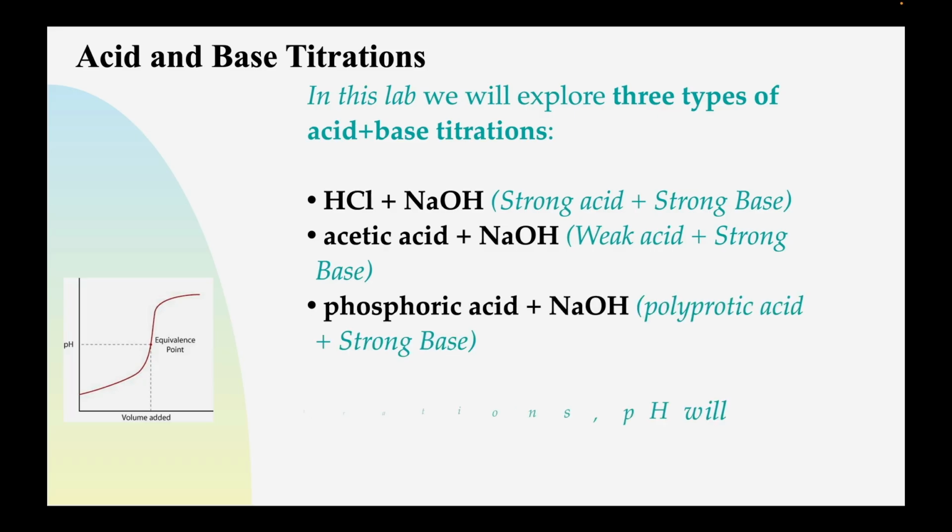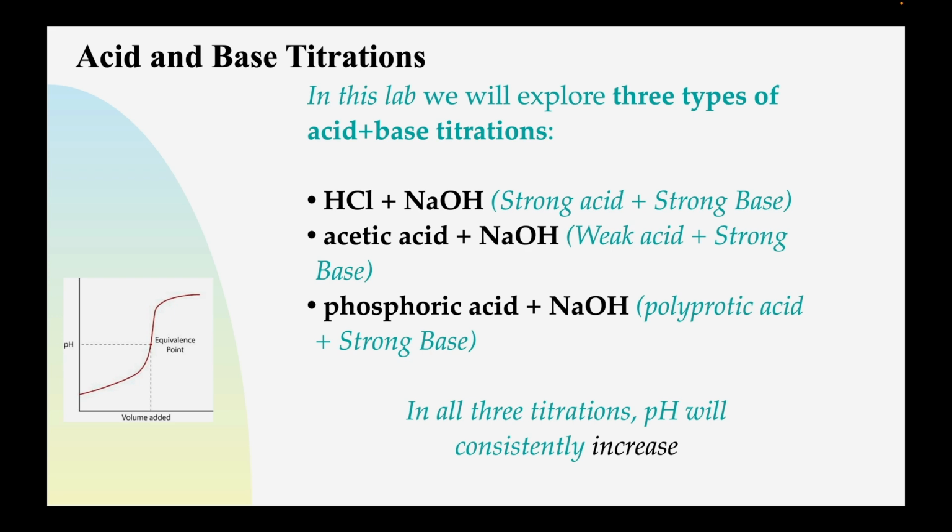The third type of titration is quite different from the others. It's a polyprotic acid plus strong base. Phosphoric acid in theory has 3 acidic protons. We will probably see only 2 of the titrations today, but it makes essentially 2 equivalence points. From that you can find the half equivalence point pHs and the Kas.